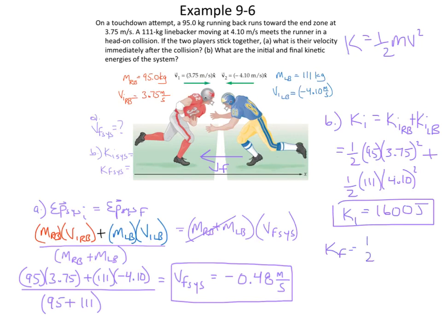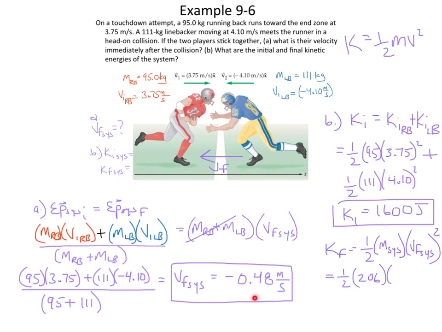That's going to be 1/2 times mass of the system times final velocity of the system, which we found in part A. So that's 1/2. What's the mass of the system? Well, that's 95 plus 111, right? I get 206. That's 206 kilograms of those two guys together. Times what's the final velocity of the system? It's this guy right here, 0.48 meters per second.